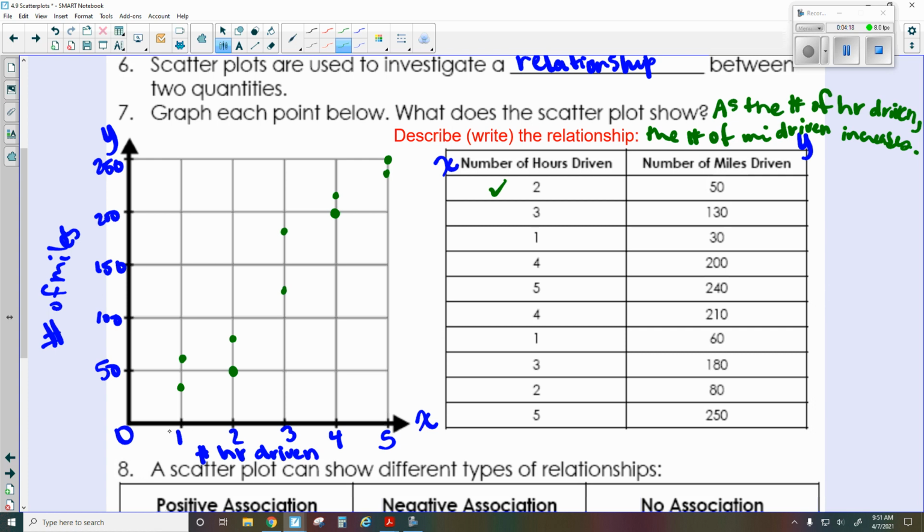All right, so we can see the more hours you drive, the number of miles increases.